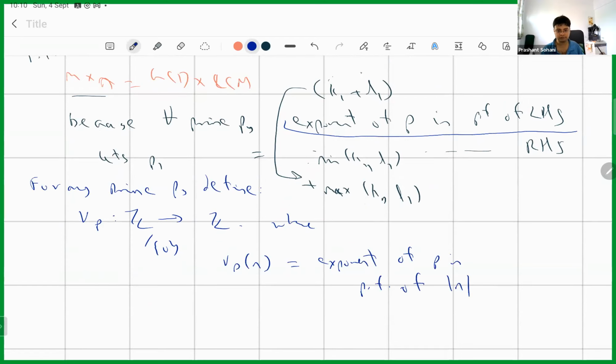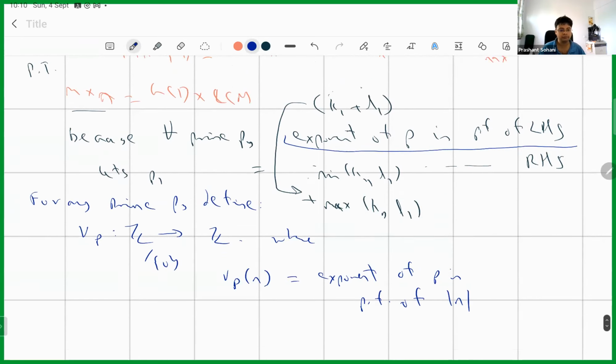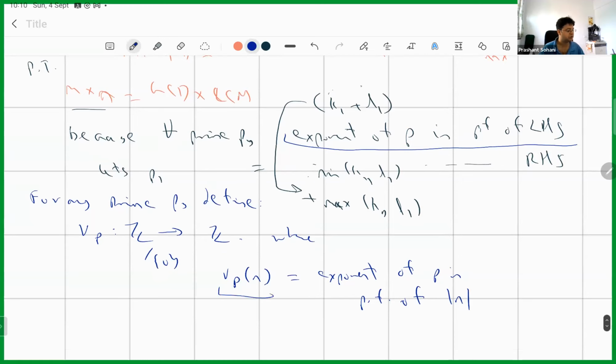For negative numbers, it may be better to write the modulus. So the largest power of P which occurs in the prime factorization of a number is what we define as VP. And this kind of evaluation is called p-adic valuation. In other words, the p-adic valuation of the number n is that largest exponent.